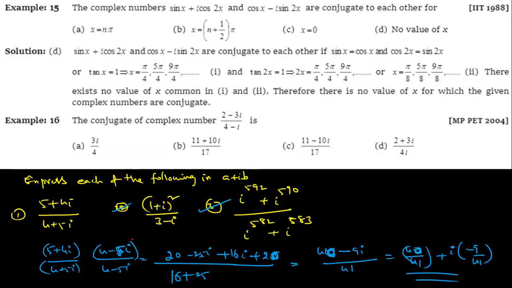Last time I told you, i power n is equal to i power r, where r is the remainder when n is divided by 4. So 592, check it, dear students, how much is coming individually? So write the question: i power 592 by i power 582 plus... What is the answer?